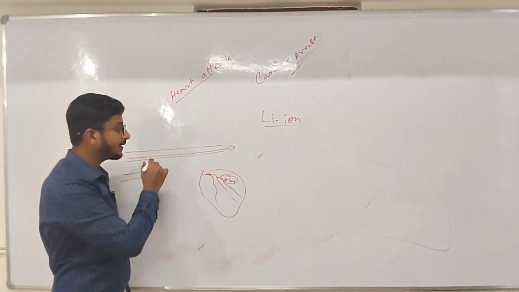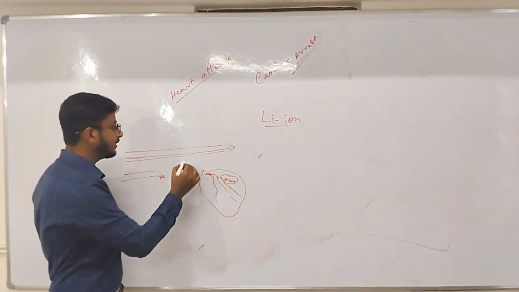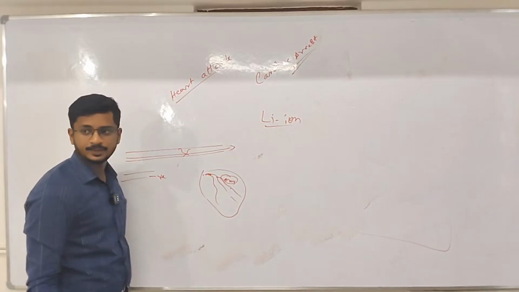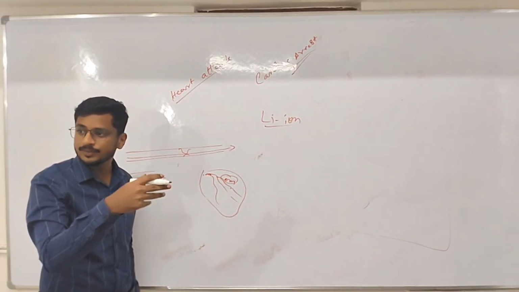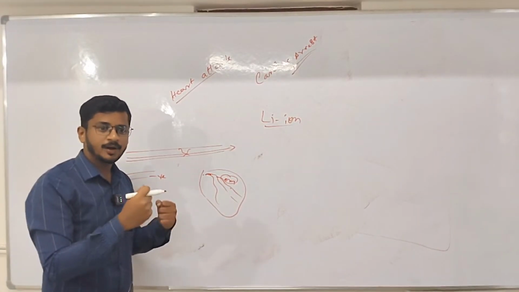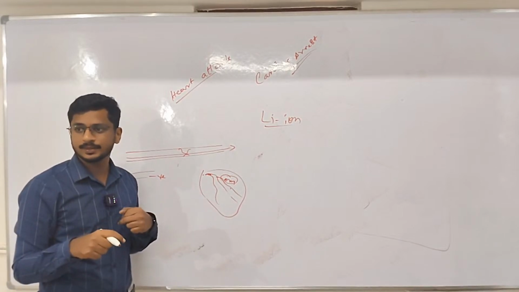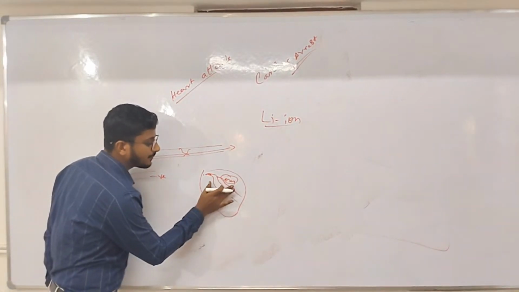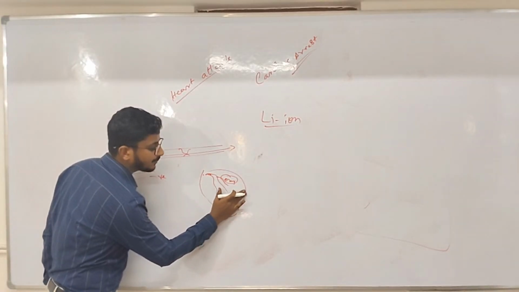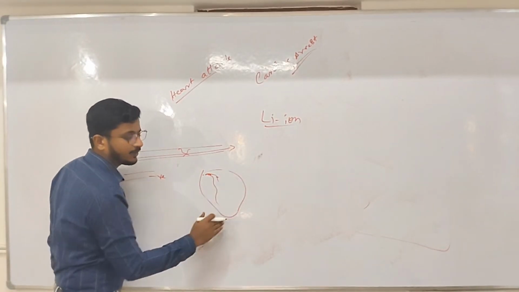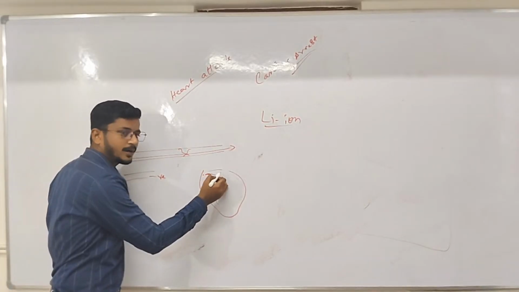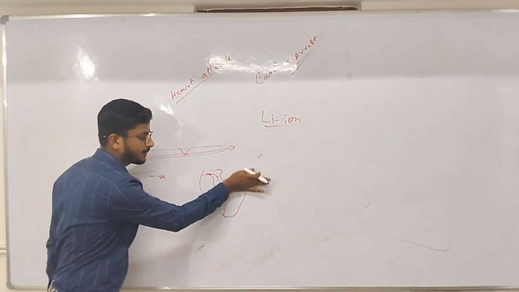Arteries are carrying what? Oxygen. If it gets blocked, what will happen? Oxygen will not flow. To make energy, our body needs oxygen. So now what will happen? If some blockage is there, some part of the heart will not work. If some part of the heart does not work, then it will stop.